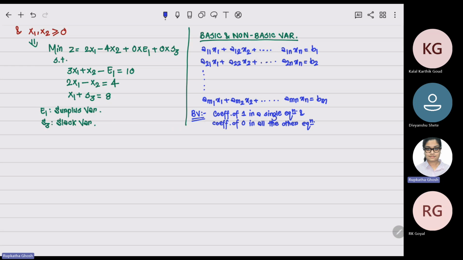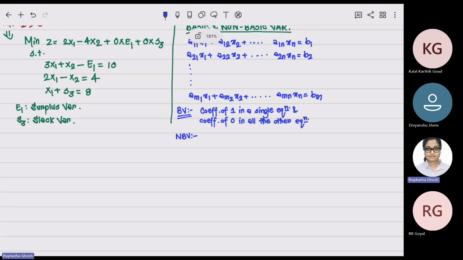So what is a non-basic variable? A non-basic variable is any variable that is not a basic variable. This is a very important definition that you should always remember. Another way you can define this is as a variable which contributes to the objective function value.